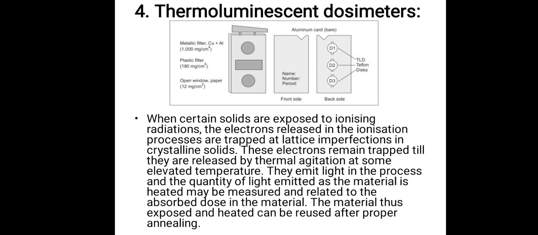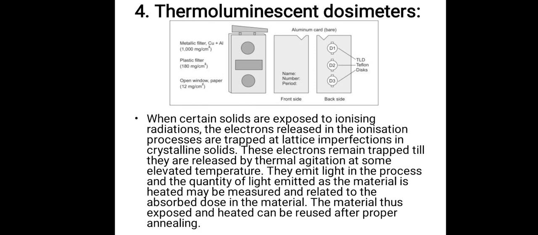Thermoluminescent dosimeter, which is currently used for radiation detection in personal monitoring. When certain solids are exposed to ionizing radiation, the electrons released in the ionization process are trapped at lattice imperfections in the crystalline solid.